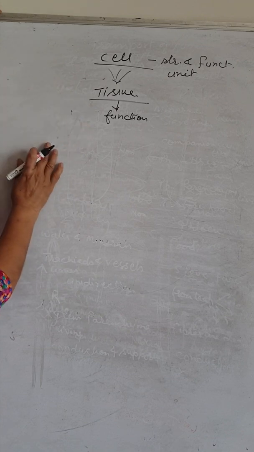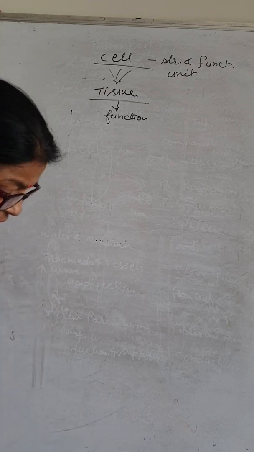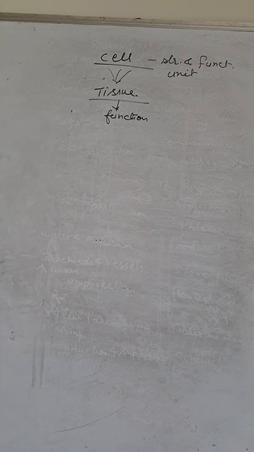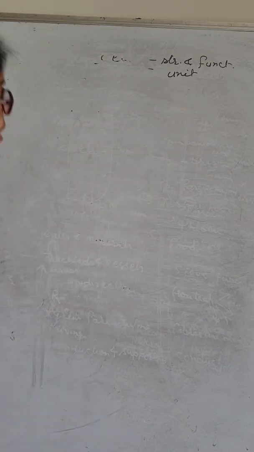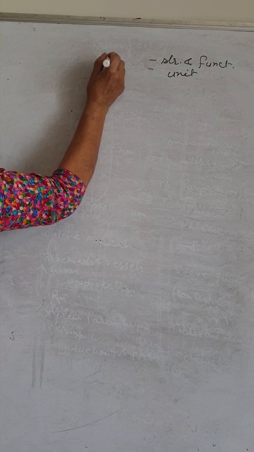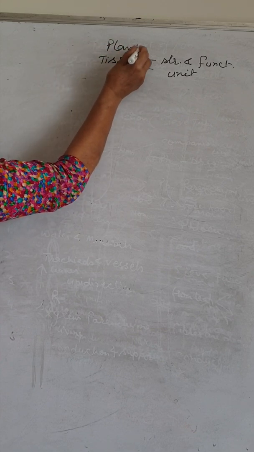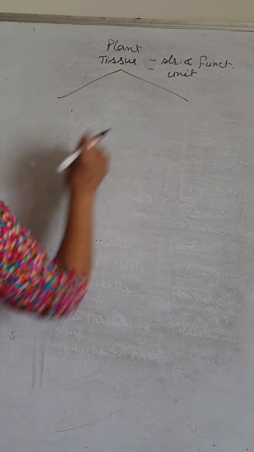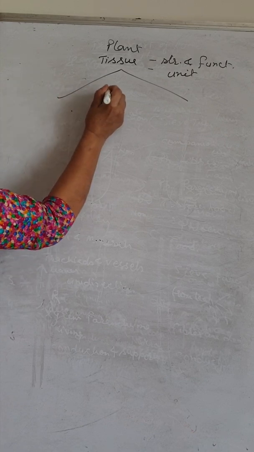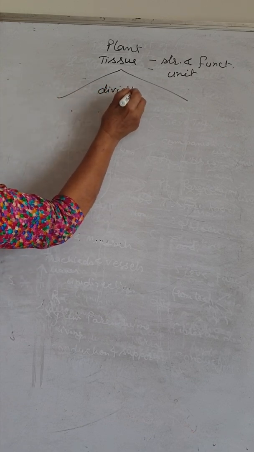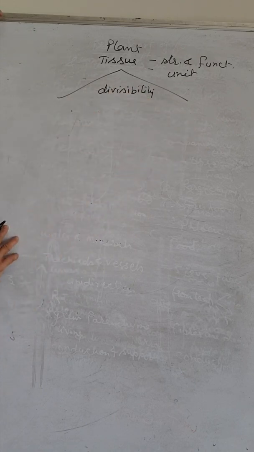The plant tissues are different and the animal tissues are different. So first we are going to start with the plant tissues. On the basis of function, or we can say on the basis of divisibility, they are categorized into two groups.